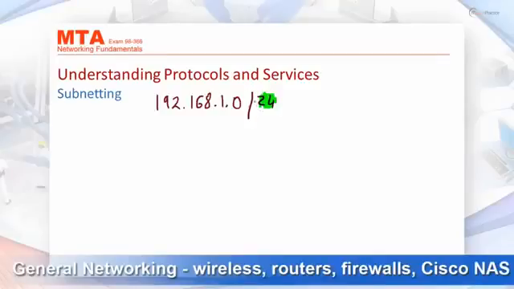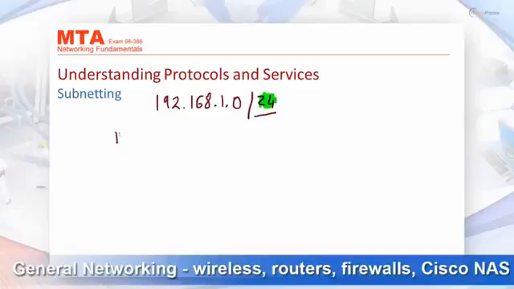Now I want you to focus. 24 is the number of bits in your subnet mask, the number of ones in your subnet mask. And you all go, what do you mean? Here we go. 24 ones.